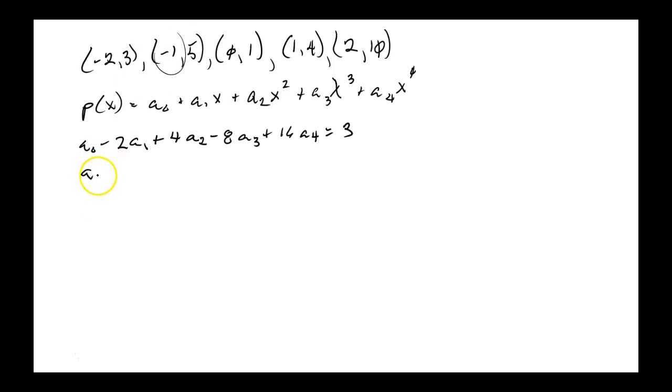A0, that just comes down. Negative a1. No. Plus a2, because you square negative 1. Right? Okay.